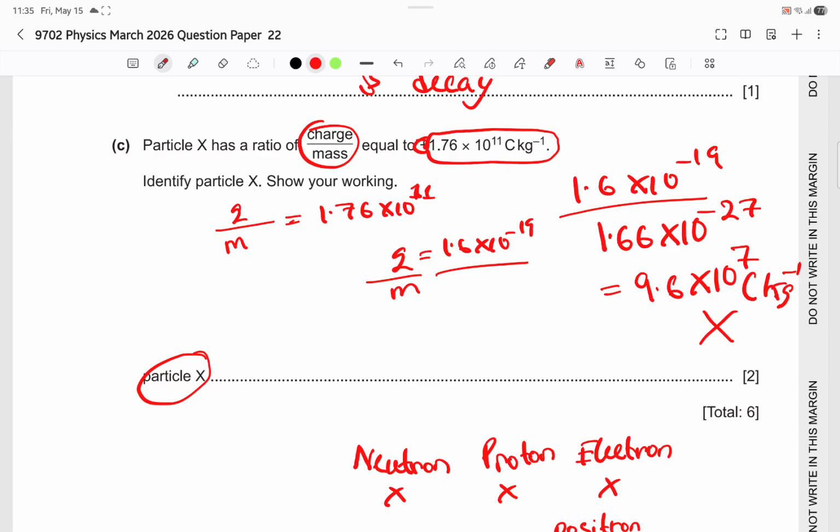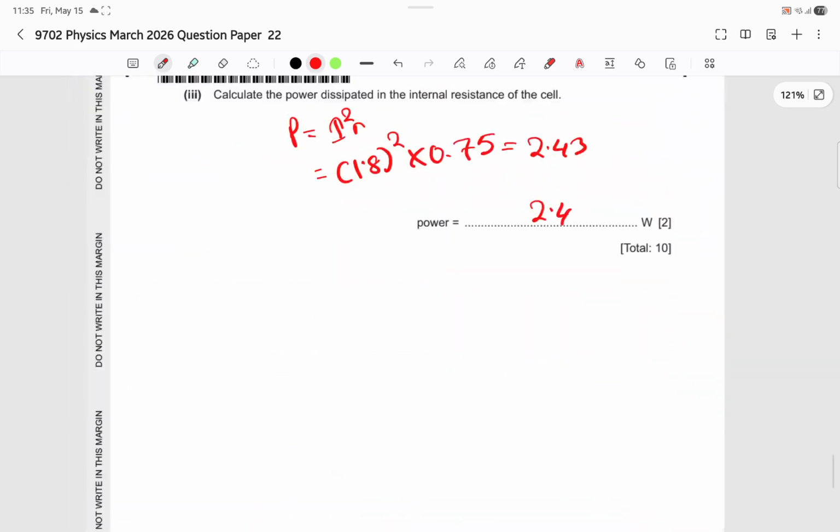Okay, hold on. Let's see if I can figure this out. 1.66 into 10 to the power minus 27 is the unified atomic mass. If you multiply that by, let's say, what is it for a positron?